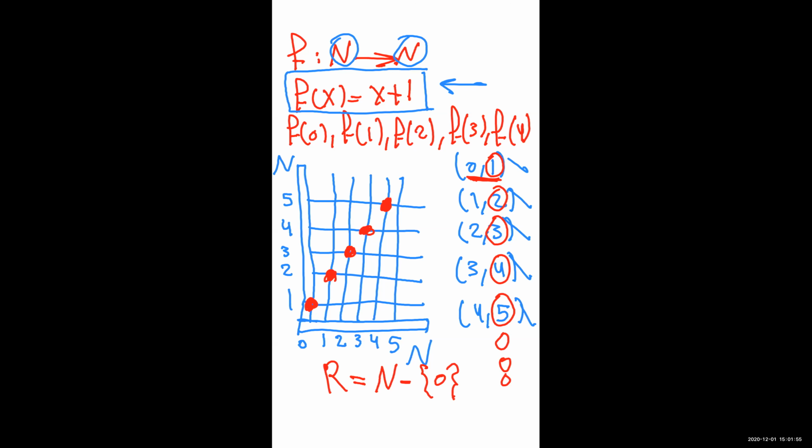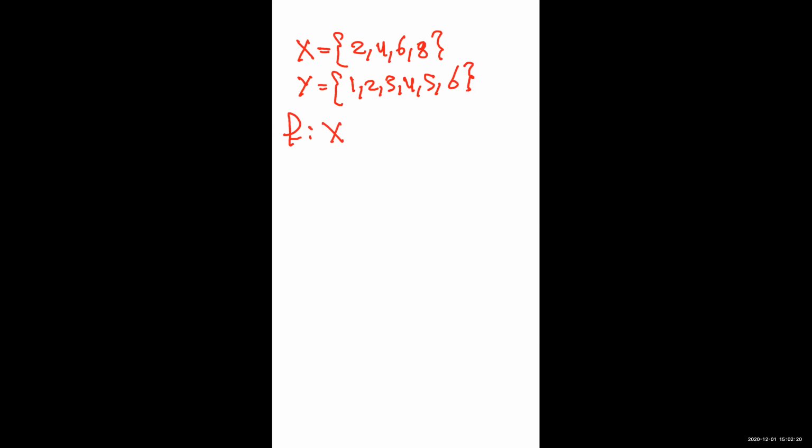Now let's solve the next question. If x equals the set of 2, 4, 6, 8, and y equals 1, 2, 3, 4, 5, 6, and the function is from x to y, where f of x equals half x.